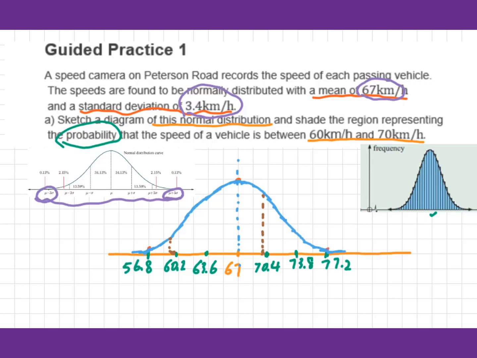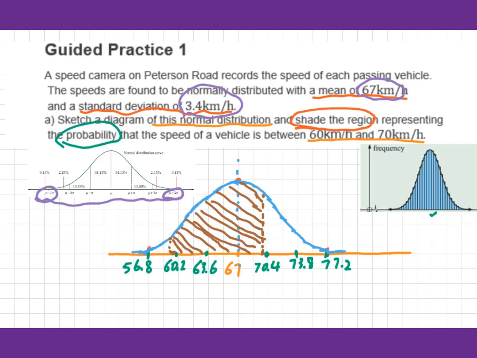The probability will be this area covered by this curve. Therefore, remember that the region shaded, that area, represents the probability.